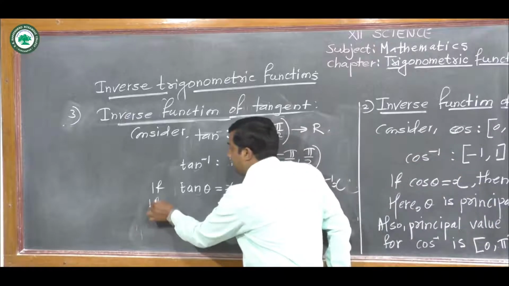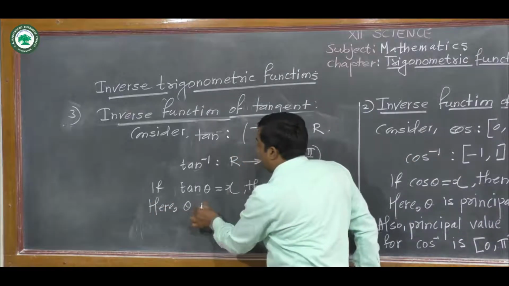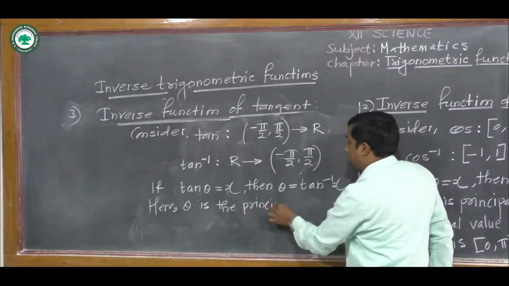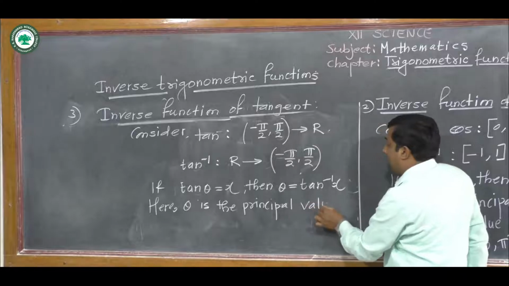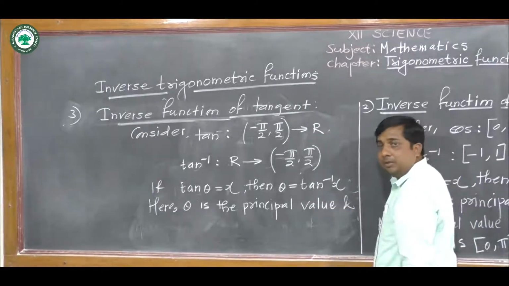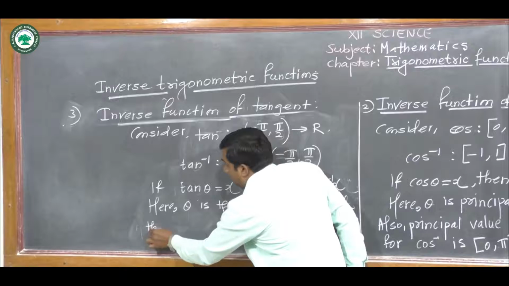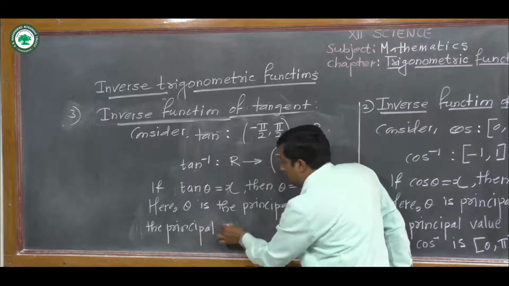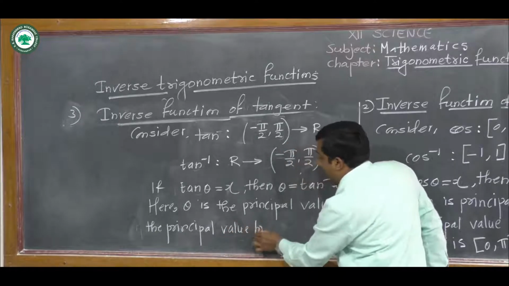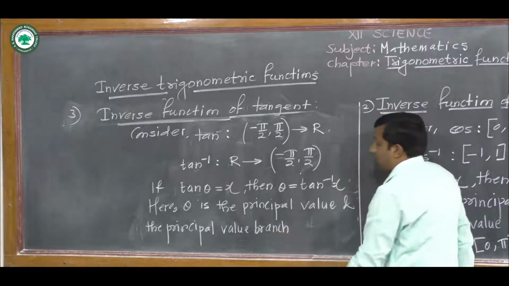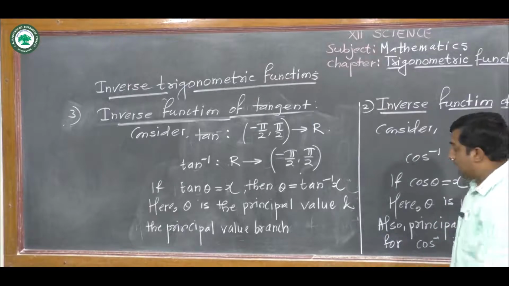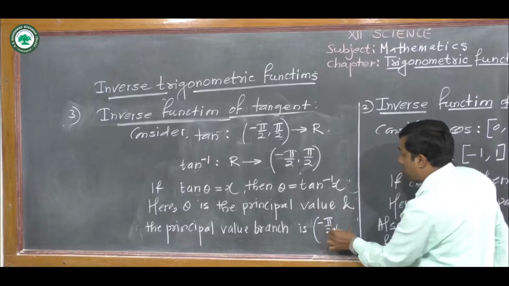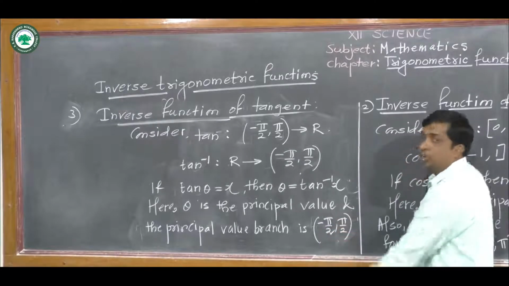Here theta is the principal value, and the principal value branch for the inverse function tan inverse is the open interval minus pi by 2 to pi by 2.